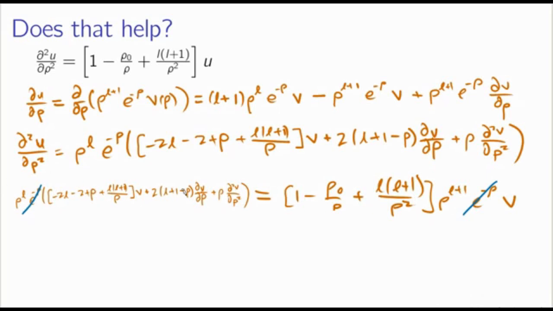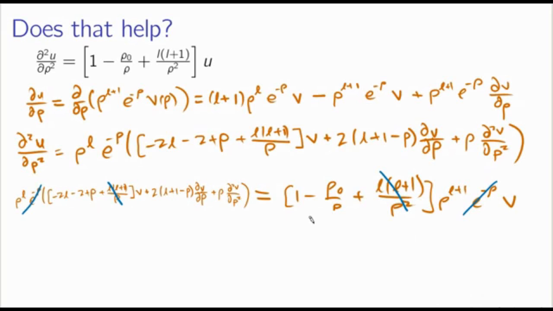You can see that if you actually expand these things out, but I'm trying to save time and I'm trying to save space. So if you actually expand these out, this L plus 1 over rho and this L plus 1 over rho squared ends up canceling out because of the way the powers of the rho outside the expressions end up working out. So that's all well and good also.